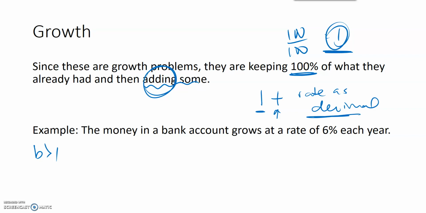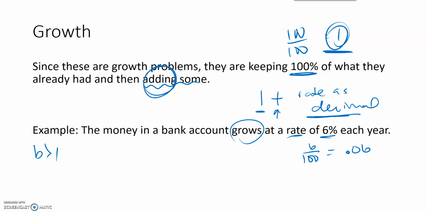We've got an example here. It says the money in a bank account grows at a rate of 6% each year. Grows is telling us it's growth. 6% is our rate. It says that right there. So the first thing I'm going to do, change that 6% to a decimal. 6 divided by 100, 0.06.